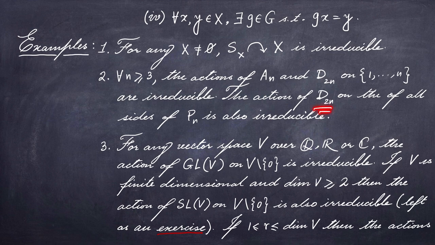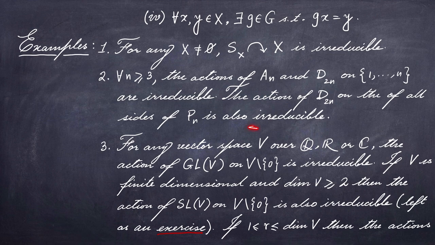So for D_2n, in fact, you can convince yourself that these actions must be irreducible by drawing pictures and by visualizing geometrically. Of course, the formal one, that is the algebraic one, is left to you.